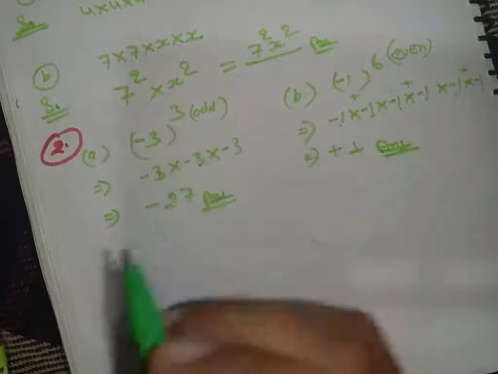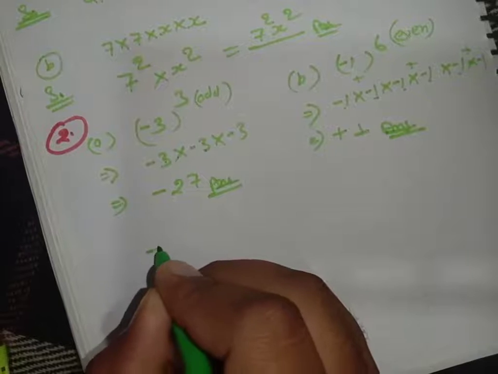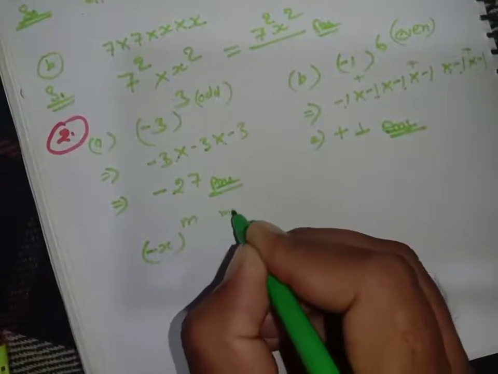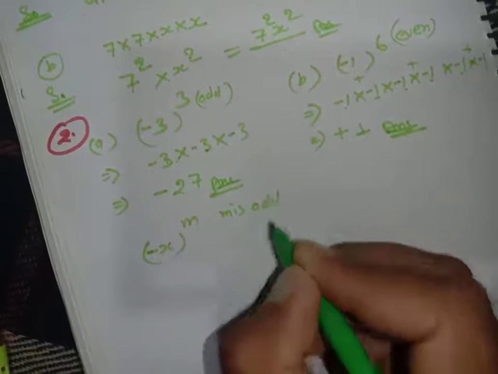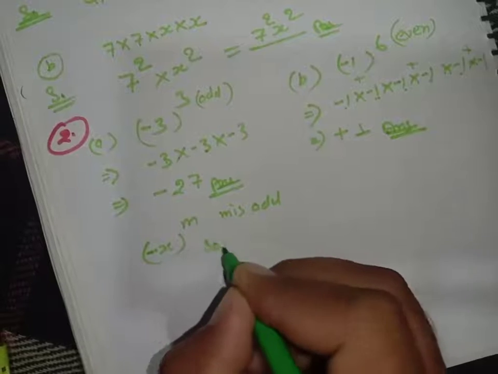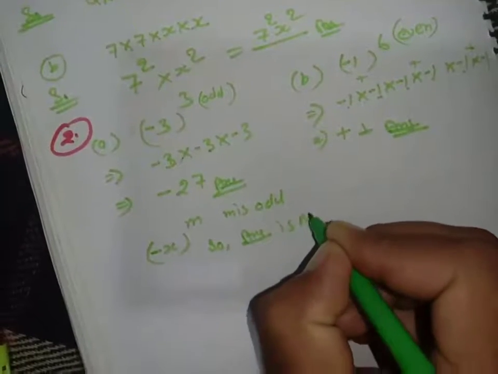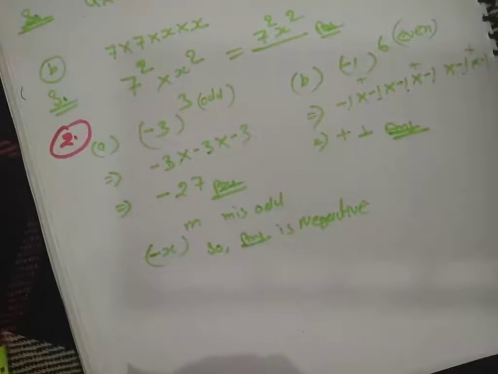Here we find one formula. For any number minus x to the power m, if m is odd, the answer is negative.